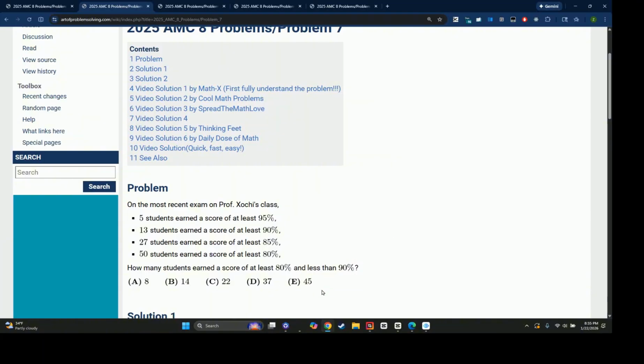And less than 90, so 13 doesn't count. So these two added would equal, so then we subtract 13 from 50, and we get 37.